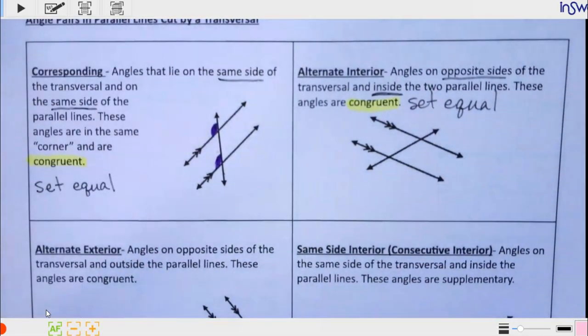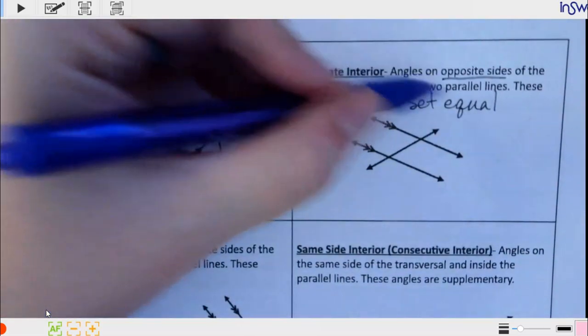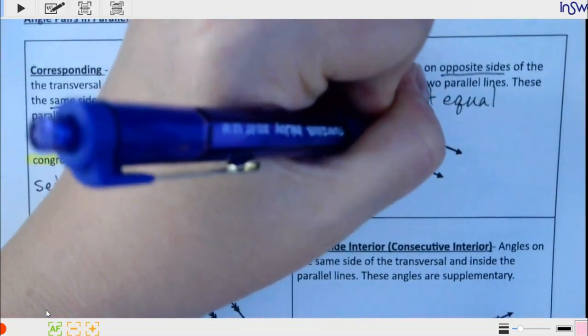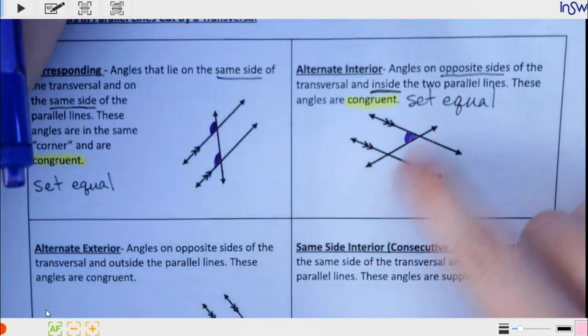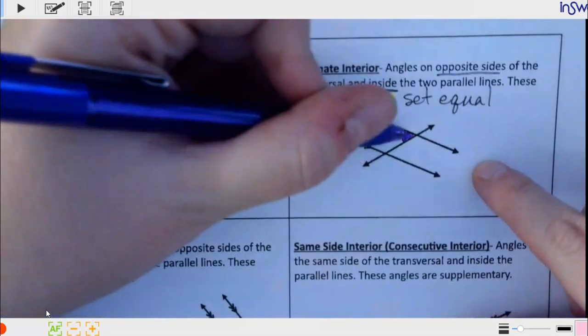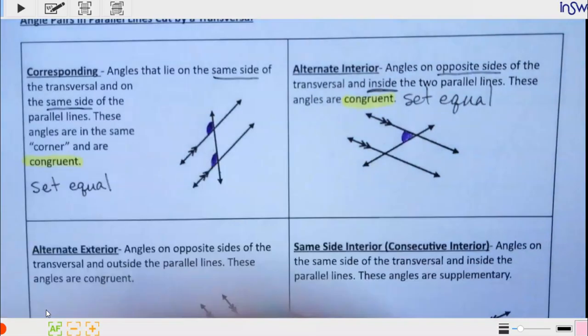So I'm just going to pick an angle, but the angle does have to be inside the parallel lines. So you see these two parallel lines? Inside just means the interior, in between the two parallel lines. There's 1, 2, 3, 4 angles that are in between the parallel lines.